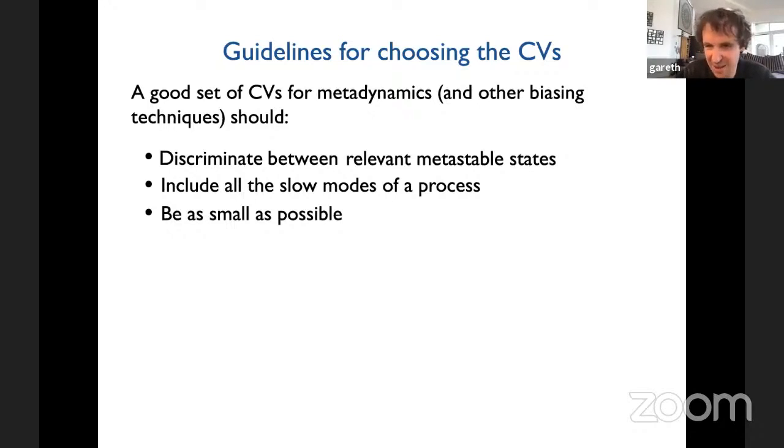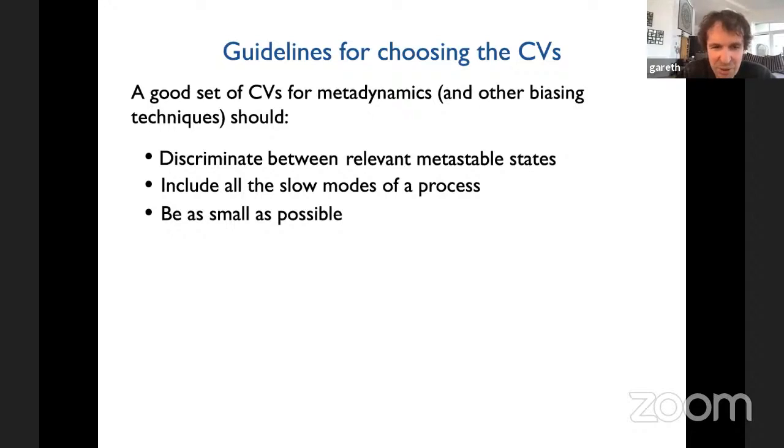You should have some vague idea of what the metastable states for your system look like. Otherwise, your research question is ill-posed. You're not going to find out anything if you're just running simulations and hoping for the best. So you should have some idea of what the different metastable states are, and then you should be able to think of a variable that discriminates between those.